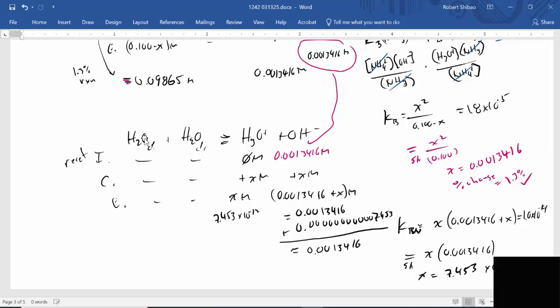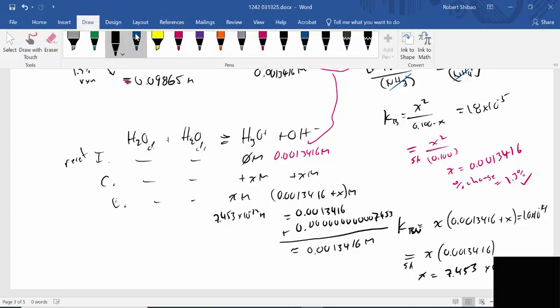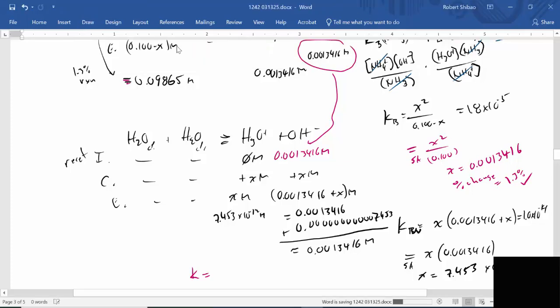I'm going to ignore that extra bit. And then let's check our K value. Here, I'm going to ignore that extra bit and see if that screwed up my K value. So let me save this before Word decides to crash on me. So K is equal to, actually I think I have this in my calculator still, yeah.